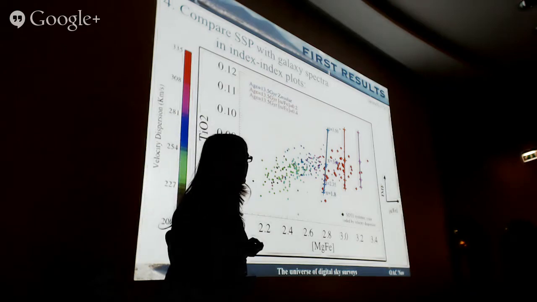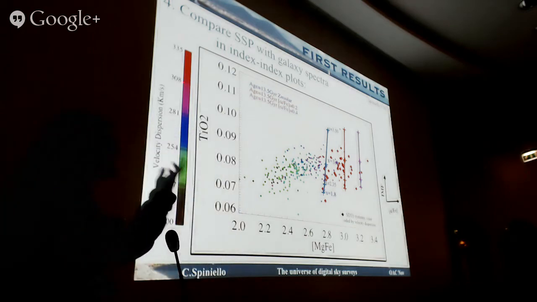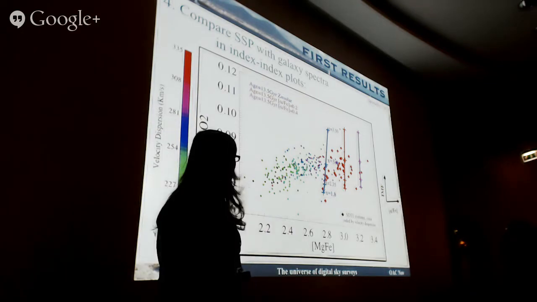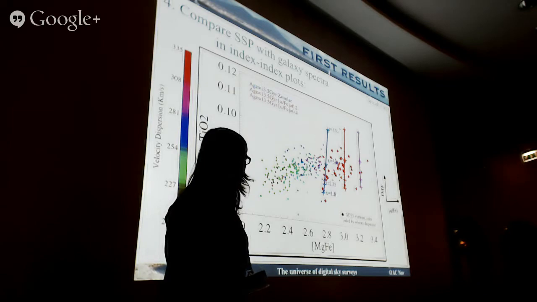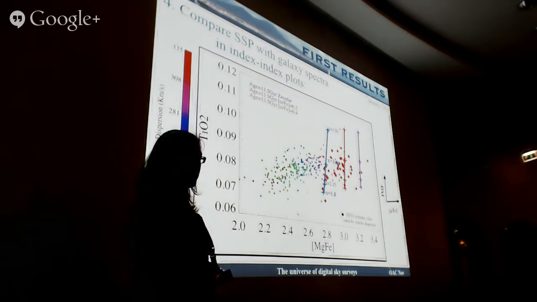And the galaxies are moving in this direction by increasing velocity dispersion between roughly 200 and 350 kilometers per second. Those are Conroy and van Dokkum simple stellar population models, different colors show different alpha to iron enhancements, different points on the same line show different IMF, as you can read, and everything has an age of 13.5 gigayears.